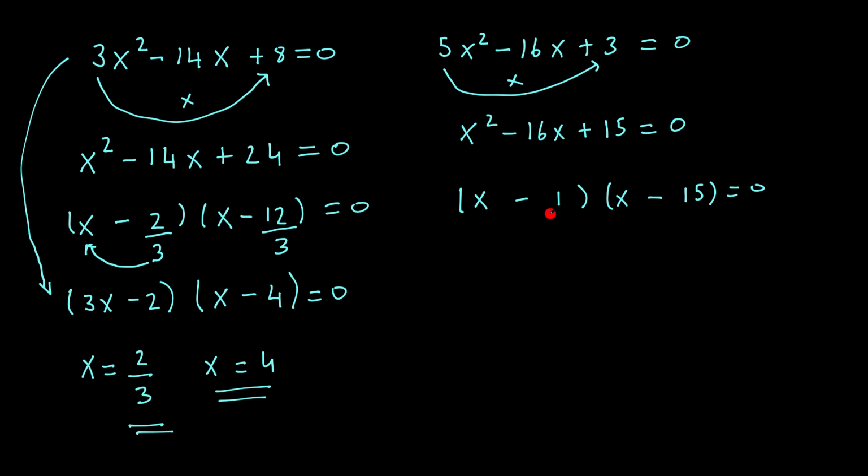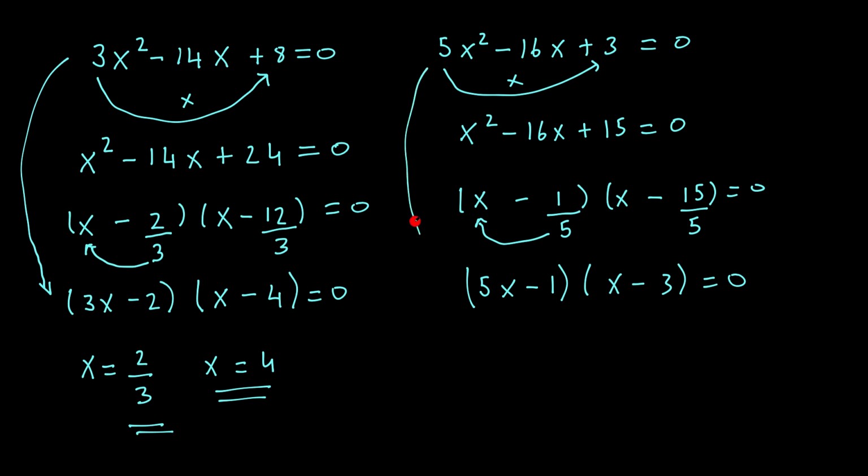Now we need to divide the numbers here by 5, because we multiplied initially the 3 and the 5 together, so that's why we have to divide by that 5. Now of course I can't simplify that, so I'll shoot my 5 in front of the x, so that's 5x minus 1. Then x minus 15 divided by 5 will be x minus 3, and that's all equal to 0.